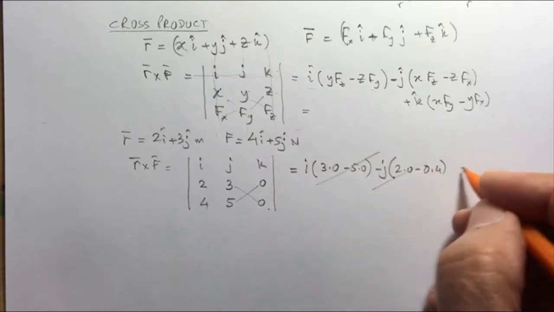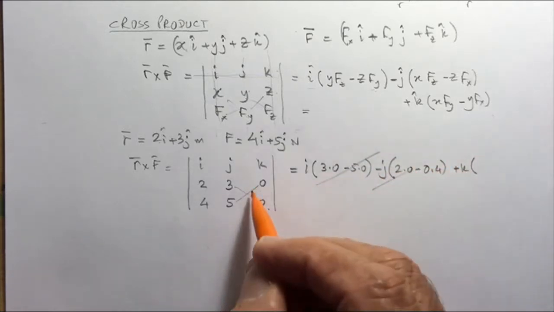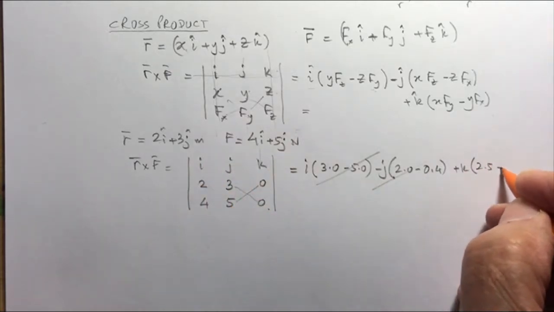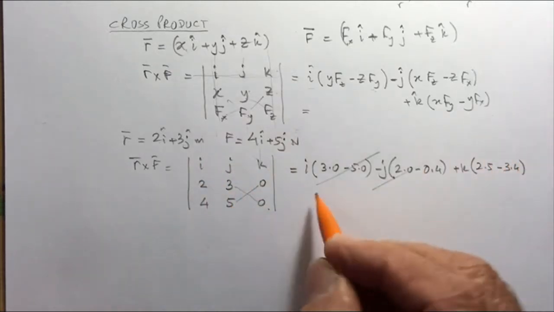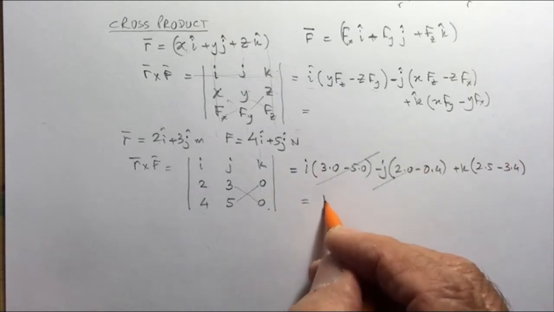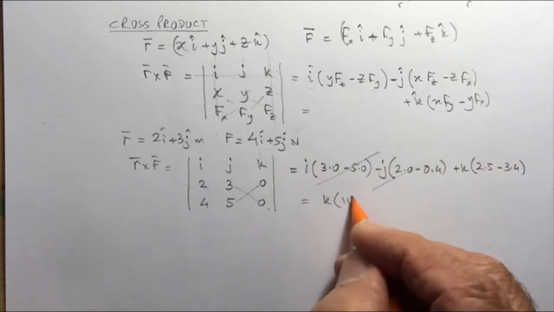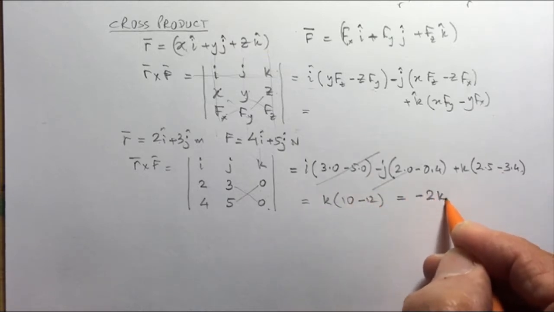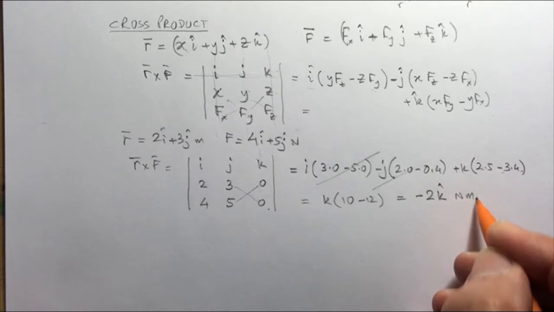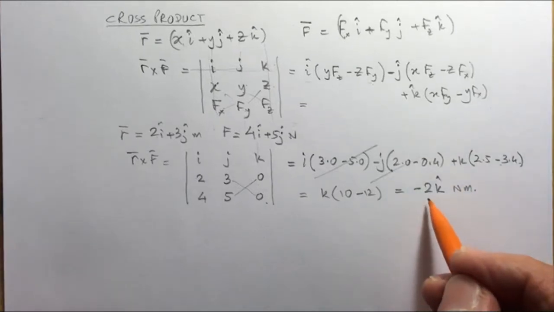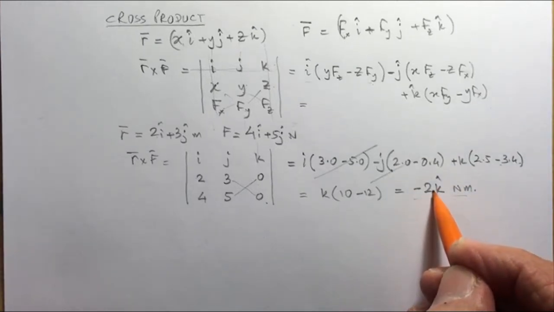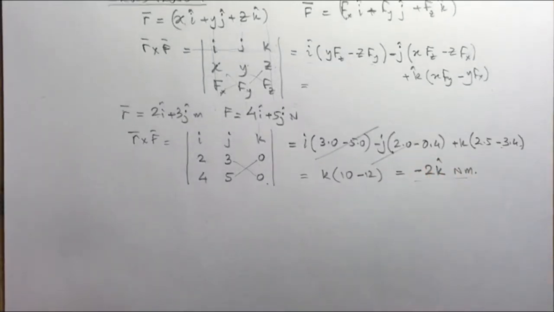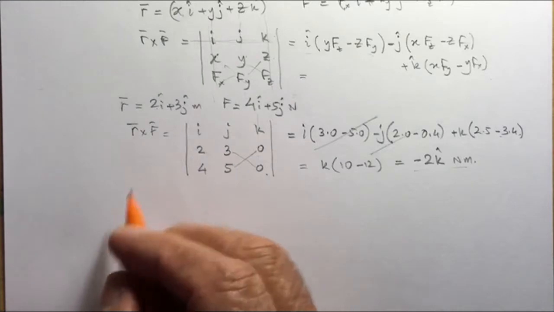And the third term is going to be 2 times 5 minus 3 times 4. So these two are 0, so it's going to be simply k, and 2 5s are 10, minus 12, minus 2k Newton meter. So that will be r cross f, a magnitude of 2 Newton meters and a direction minus k. We can also do this in a different way.